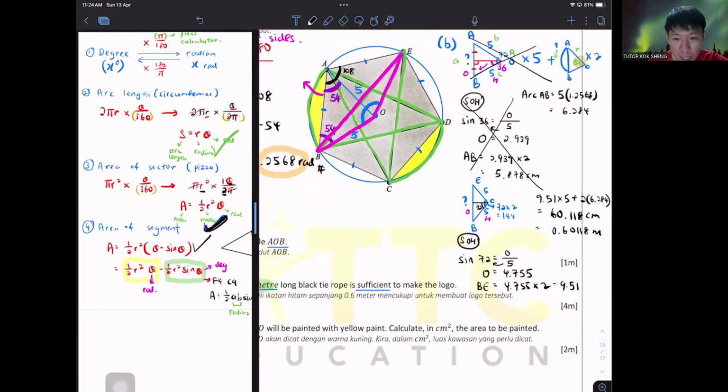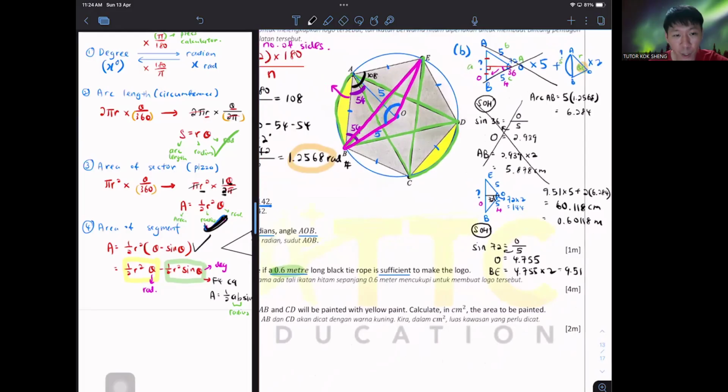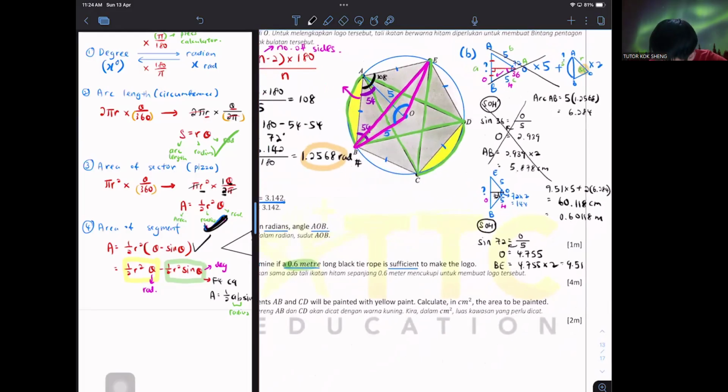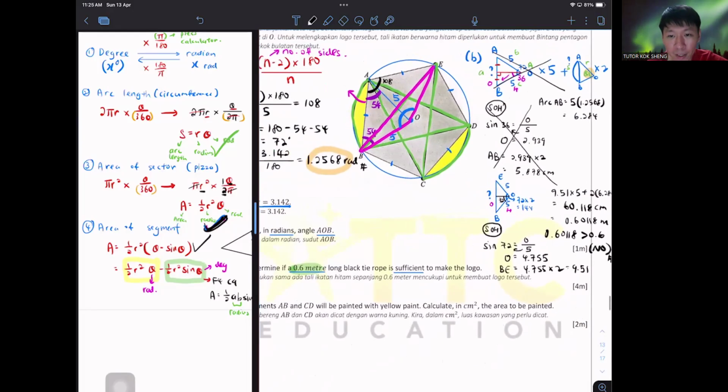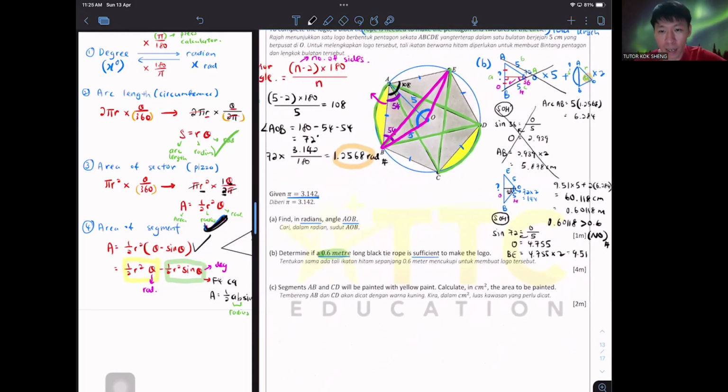So the last one here, they're asking you, is this sufficient or not? 0.6. It's a little bit longer. 0.60118.